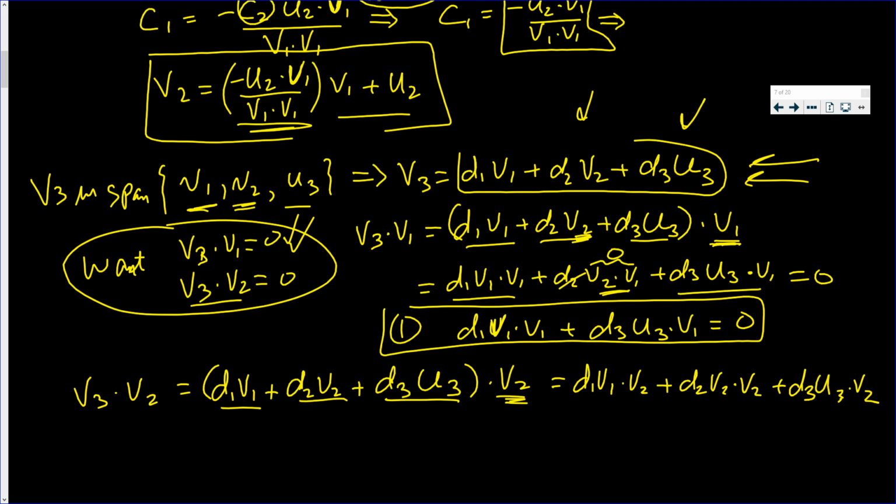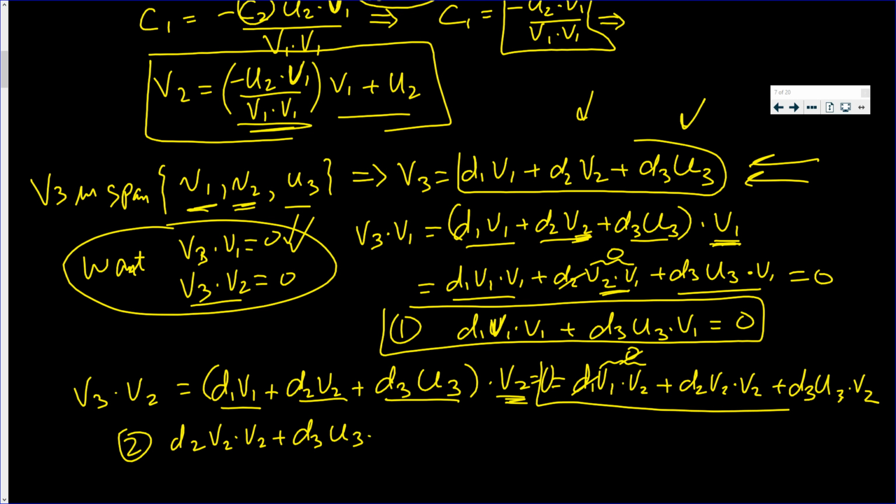As I said, the first dot product is 0, and d1 times the 0 vector is 0. And we want this to equal 0. So we have equation 2: d2 V2 dot V2 plus d3 times U3 dot V2 equals 0.